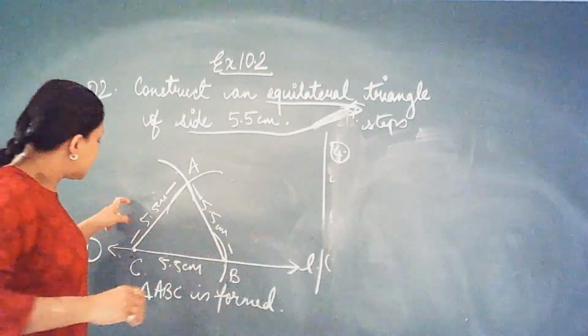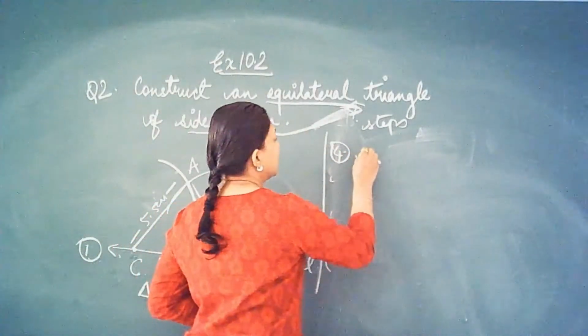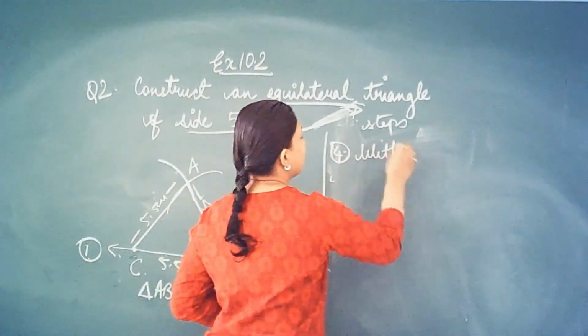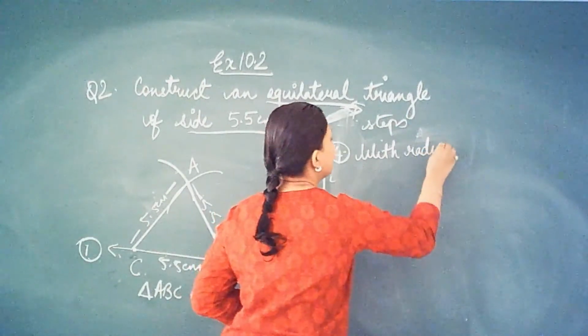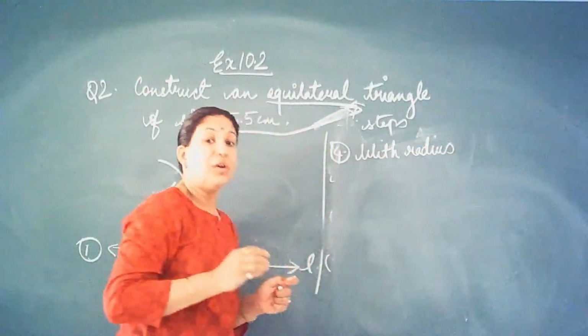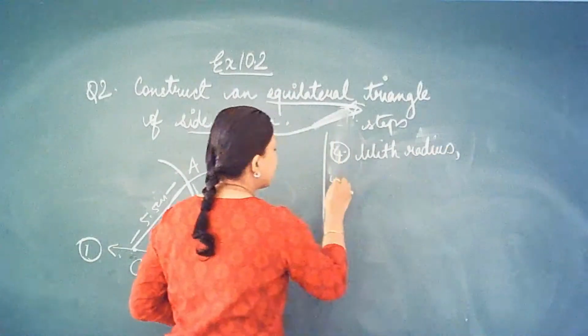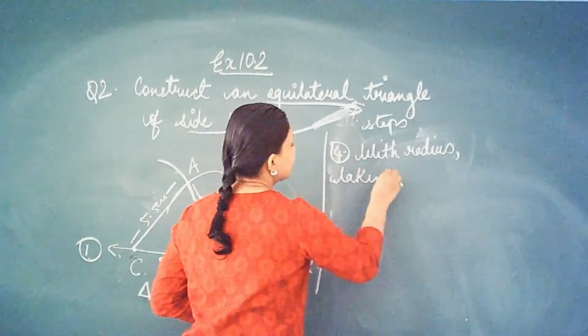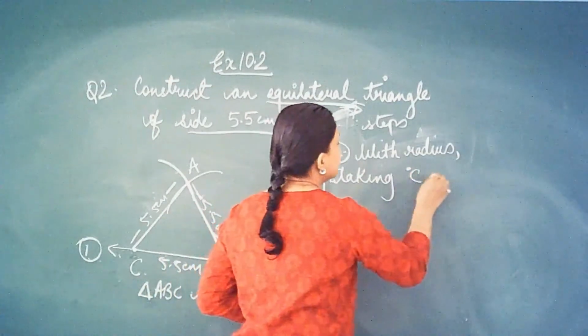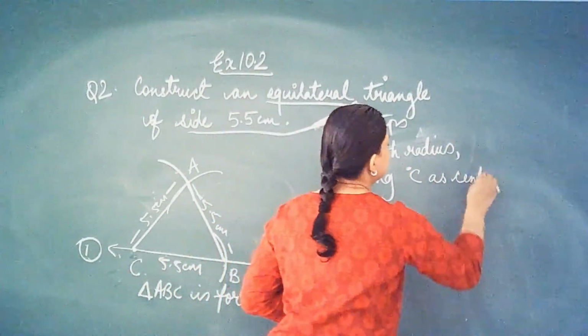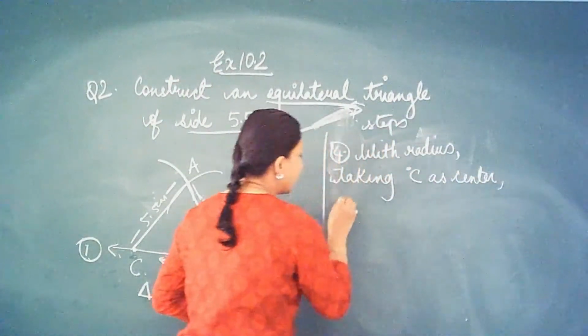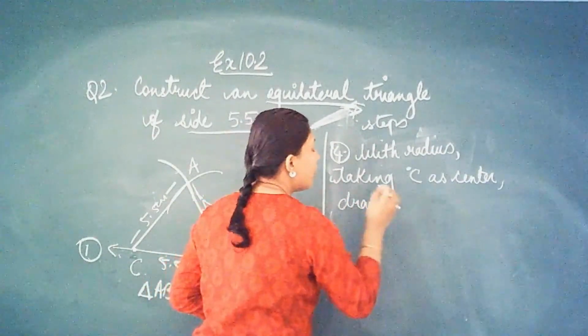And what is the fourth step? The fourth step was with the same radius. On the compass, what we have measured, what was that? 5.5. So with the same radius, this time taking point C as center, we have drawn an arc.